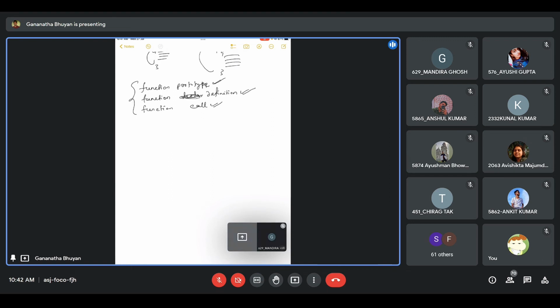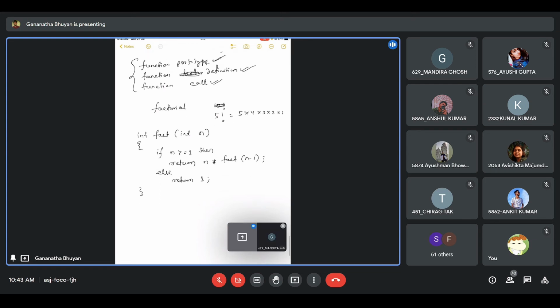So let us suppose I'm writing it using recursion. Something like this: int fact, if n is not equal to 1, then what I need to do is return n into fact of n minus 1. Else return 1.